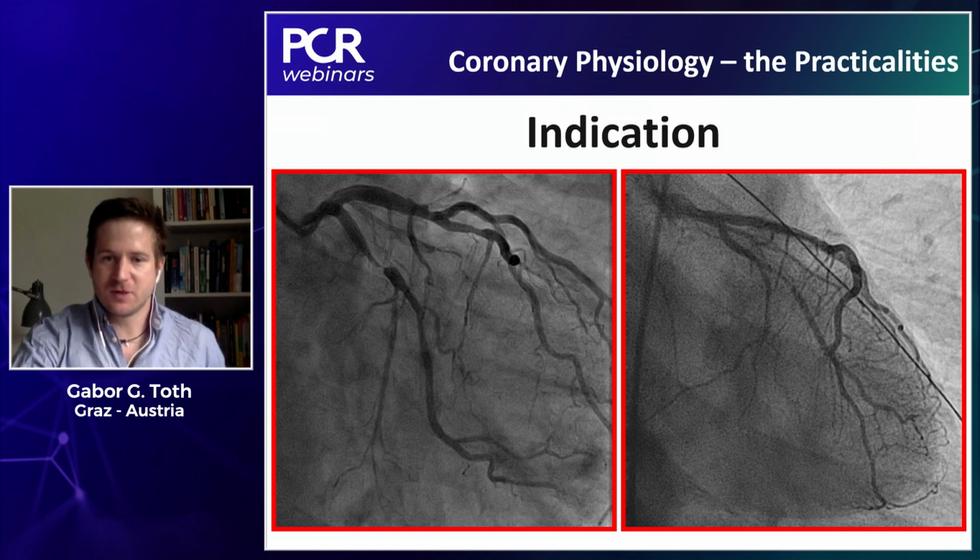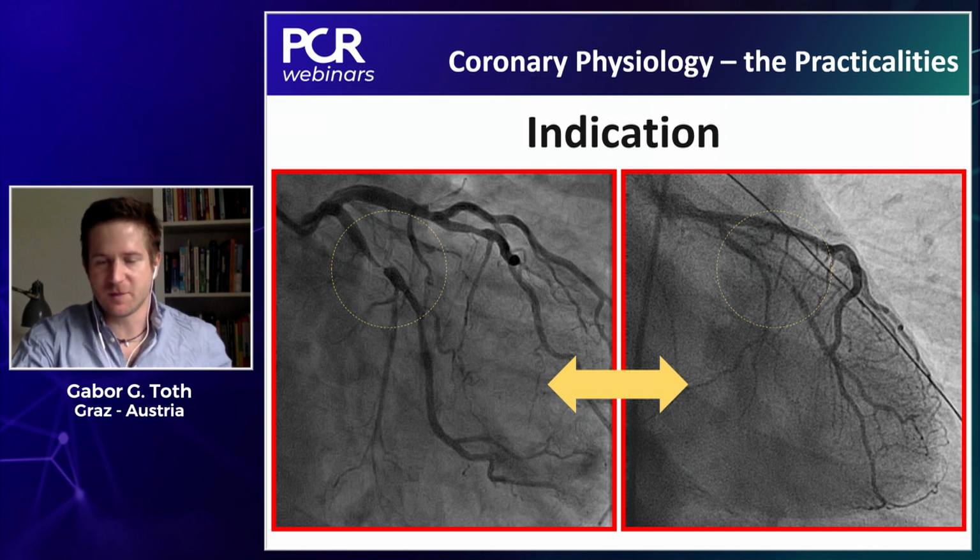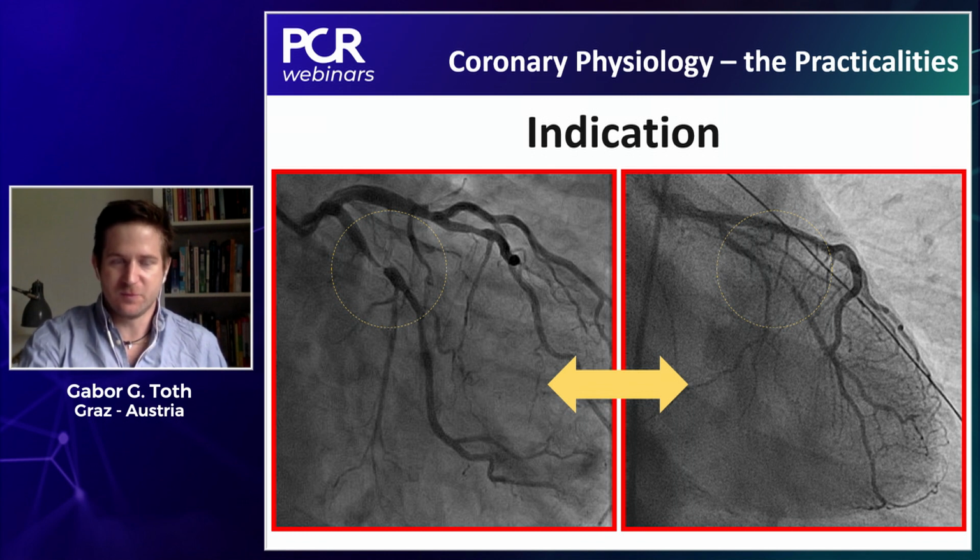But let me show you here two cases. Both cases have a lesion in the circumflex, in the marginal, and we have to understand if the two patients are coming to our cath lab, then our understanding about the disease is completely different for patient 1 and patient 2, especially if the patient, like on the left side, comes with a positive non-invasive functional test located to the area where the circumflex is supplying, then I think we have not much doubt that we have two matching diagnostic tests, an angiogram and the fitting non-invasive functional test relating ischemia to that territory.